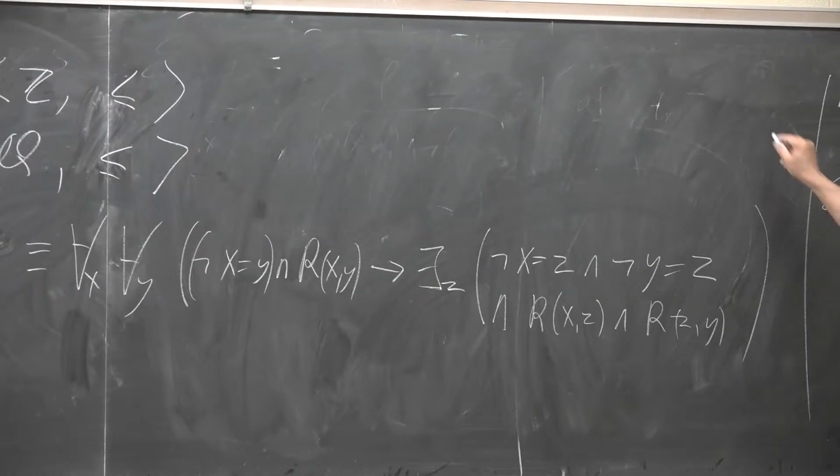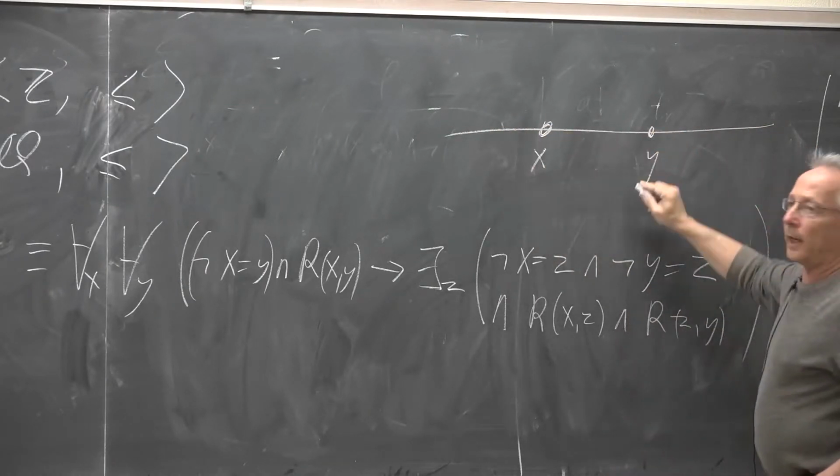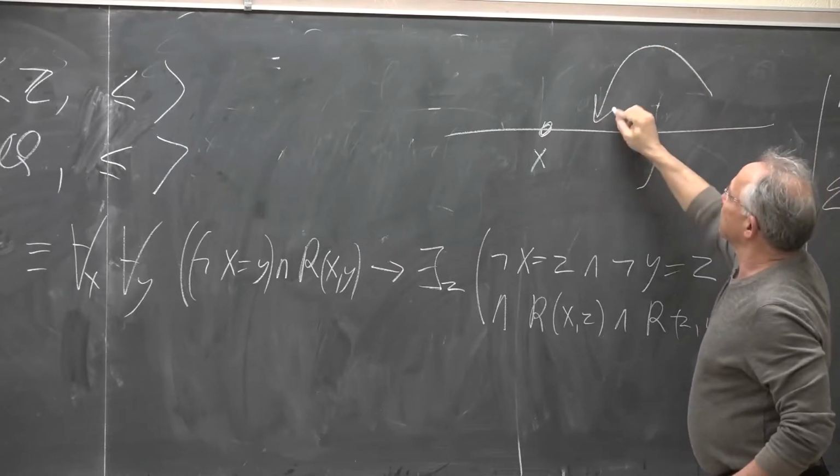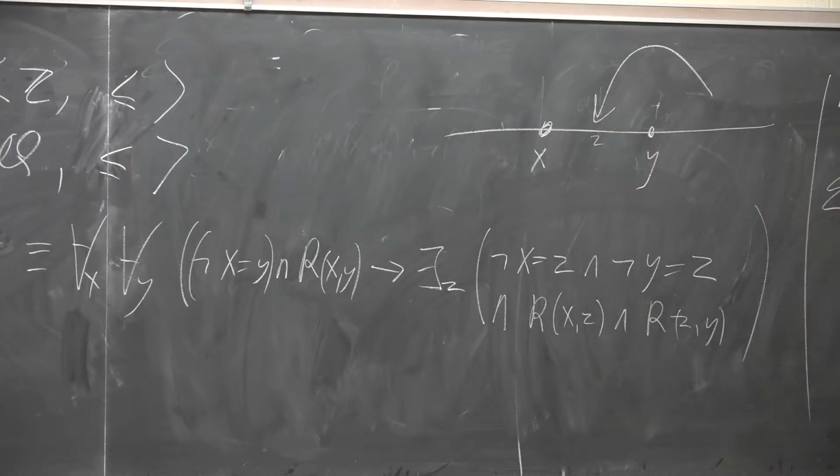What I'm saying is for every x and y, there exists some z living in between, which is neither of the two.